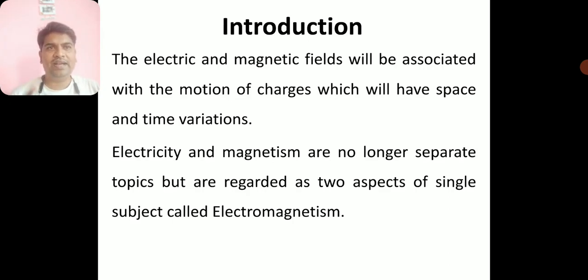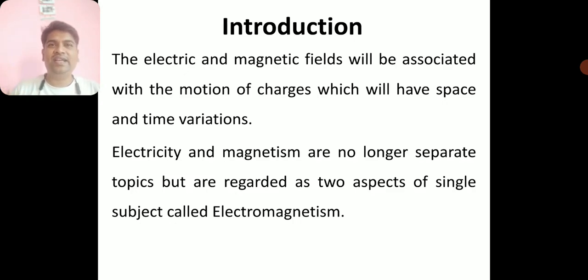So electric and magnetic fields were treated as two different entities before 1829. In 1829, Oersted discovered the magnetic effect of electric current.